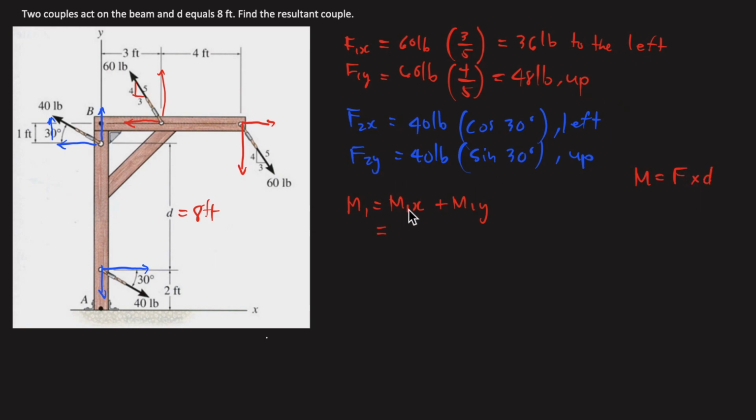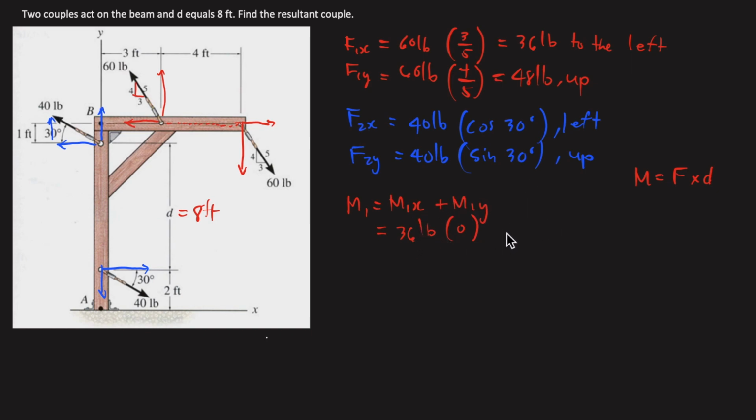For M1x, the force is 36 pounds. Since we are dealing with couples, we are getting the distance between the two coupled forces, but since they are lying on the same line here, they have no vertical separation, so the separation distance is 0. That's why this term will become 0 later.